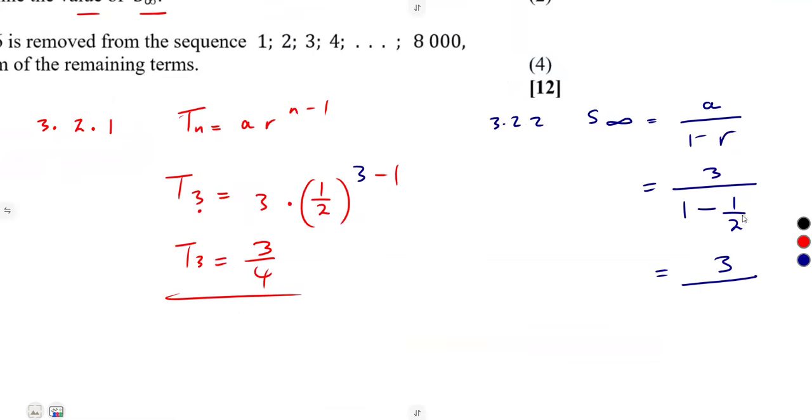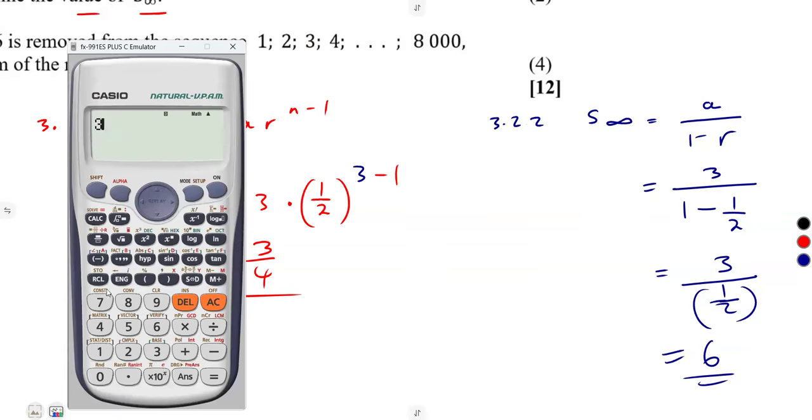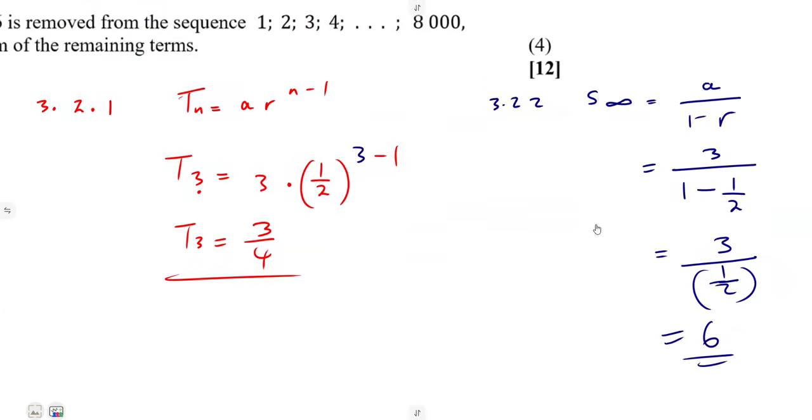This is going to be 3 over 1 minus a half. And using your calculator, this is going to give you 6. Or you can just use your calculator at this stage. All right, so that was your sum to infinity, 3 over 1 minus 1 over 2 like this. So that's 6. Okay, so that was our 3.2.2.